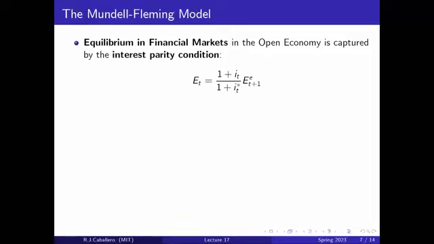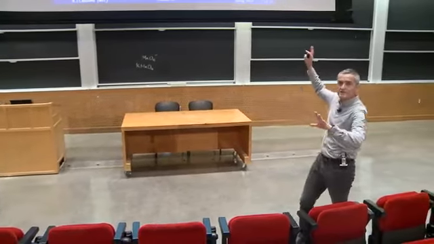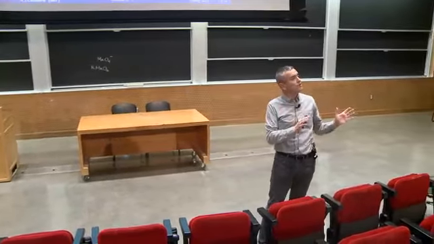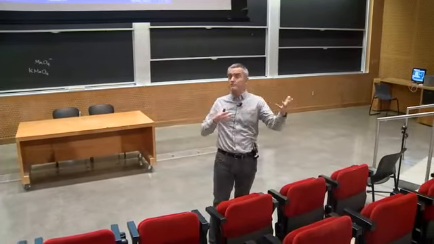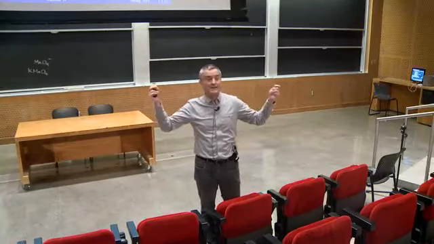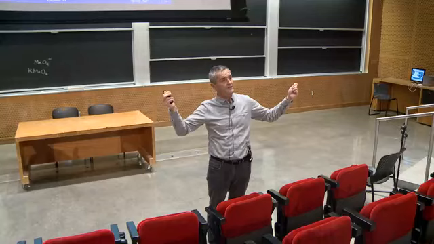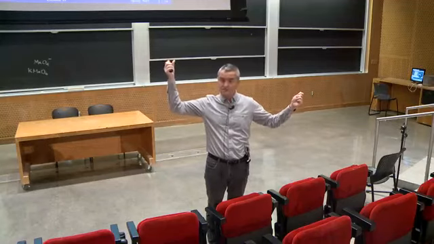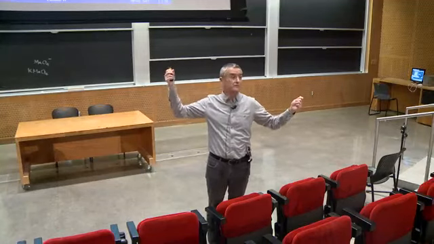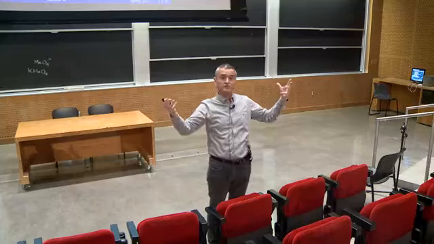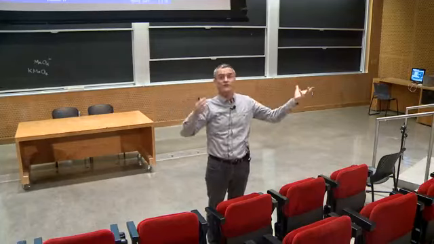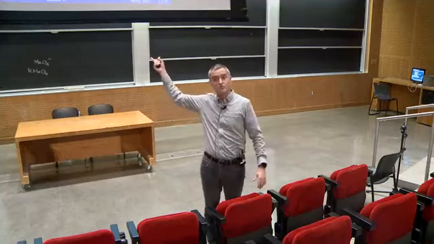What is it trying to do? Remember, we talked about this in the context of opening goods markets: you need a relative price to decide where you're going to buy. That's what the real exchange rate did. And now we open the capital account, and then people need to decide where they're going to invest their money. And that equation was related to that.